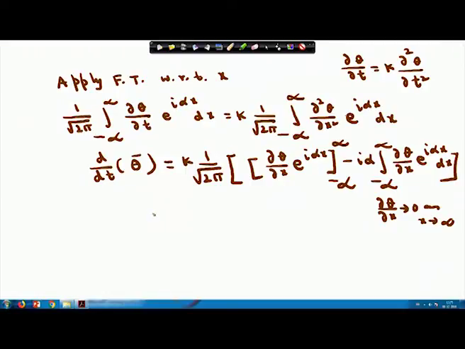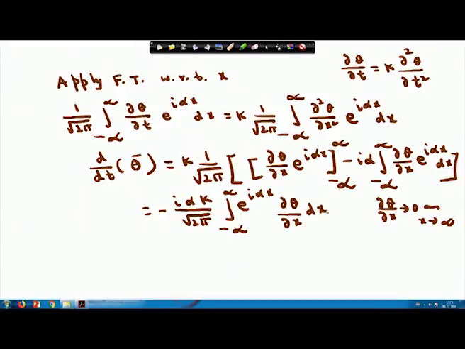So, we will have only this term, minus iα into k, that is minus iαk by root 2π, integral from minus infinity to infinity of e^(iαx) into ∂θ/∂x dx.